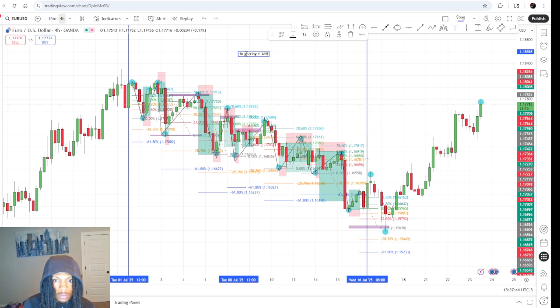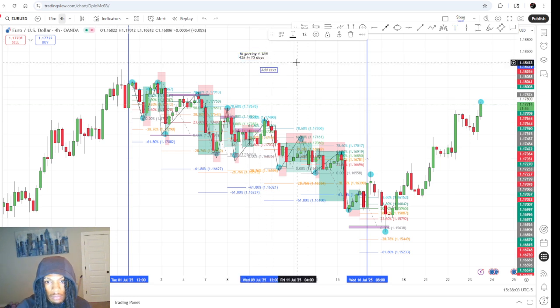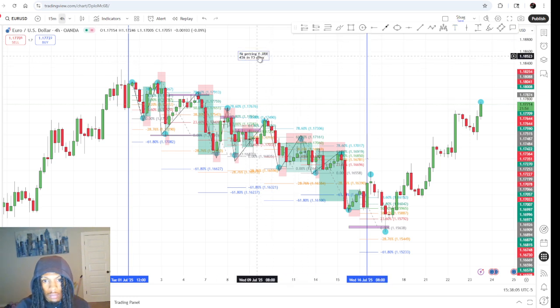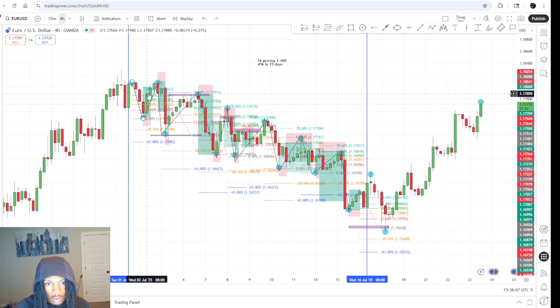On the 3RR to 45K. And 15 days. We glitching the money. We coming up with glitches and glitching the system. We figuring this shit out. Look. And how many trades was this? 1, 2, 3, 4. Hold on.